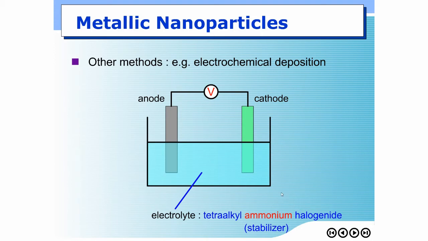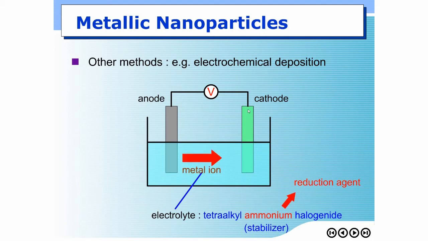So if I apply the potential, what will happen? According to high school chemistry, setting up like this should give you ions from the corrosion of the metals.